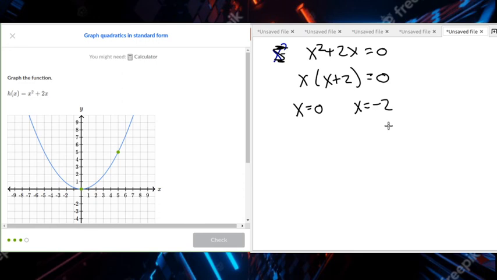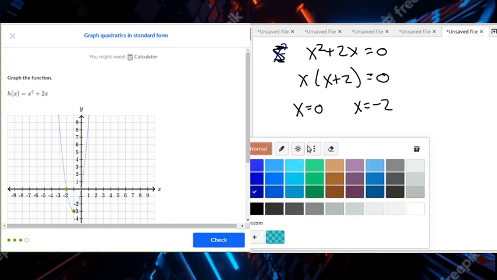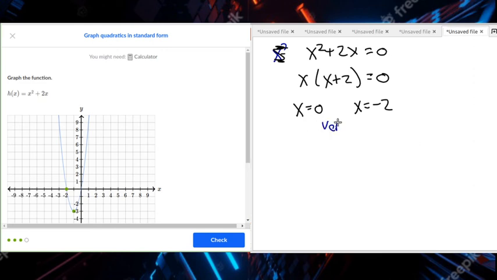Our two zeros here are negative 2 and 0, and then we know that the vertex is going to be located at the average between those two, which is negative 1. So it's going to be at negative 1.